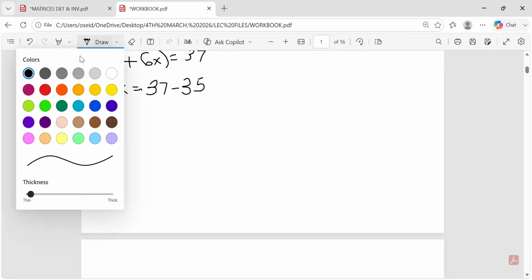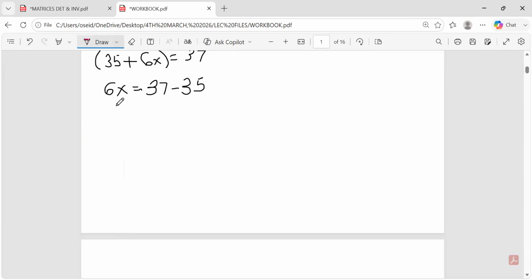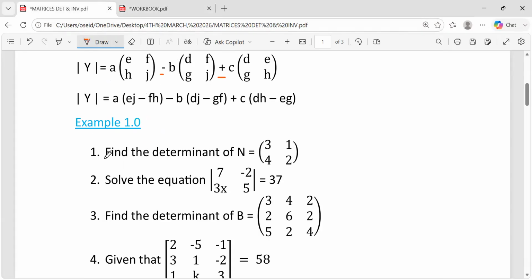So therefore 6x equals 2. So x will equal 1 over 3. So 1 over 3 is the value for x. Alright, let's move to the next example.